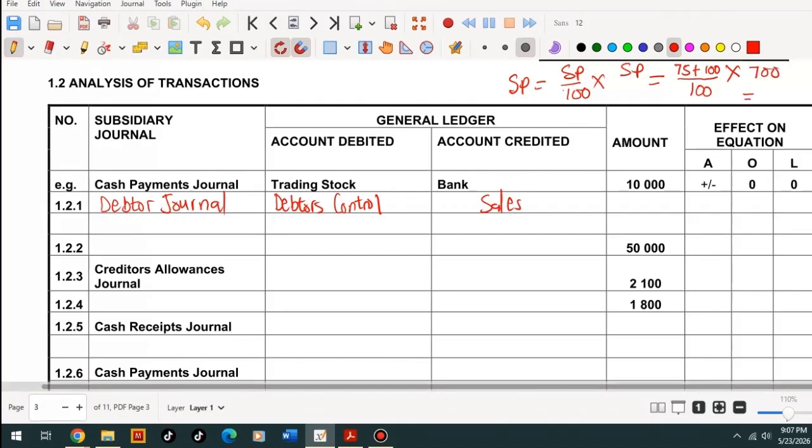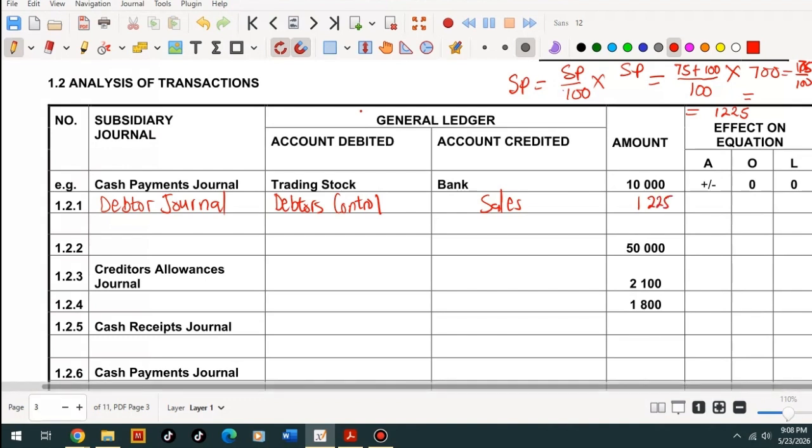So this would give us 175% multiplied by 700. And if we calculate using the calculator, it gives 1,225. So that's the amount that you're going to show here.